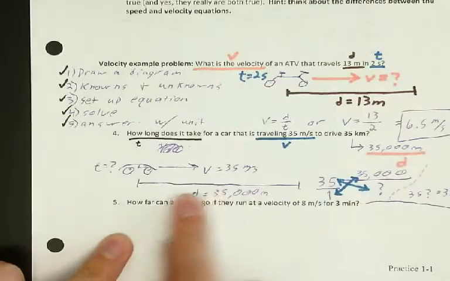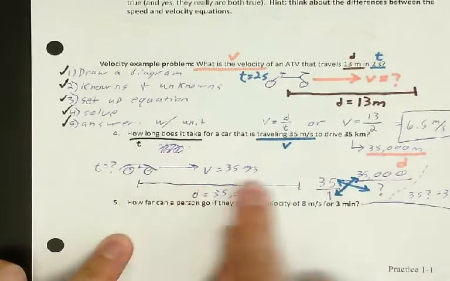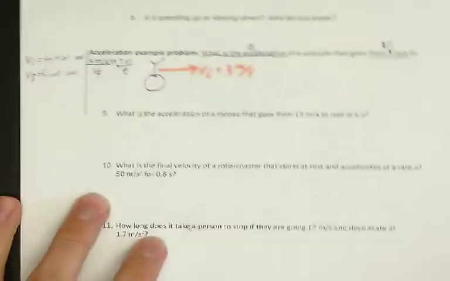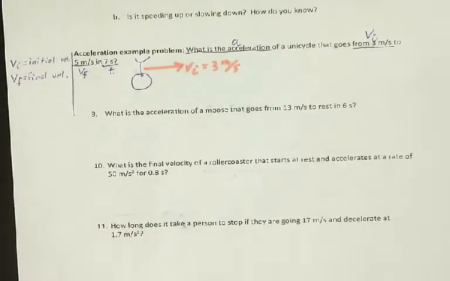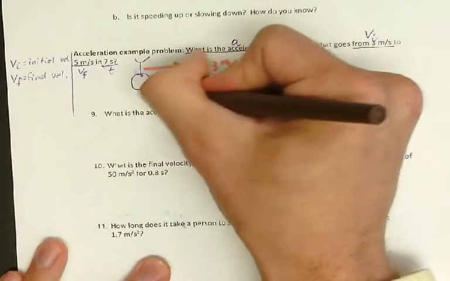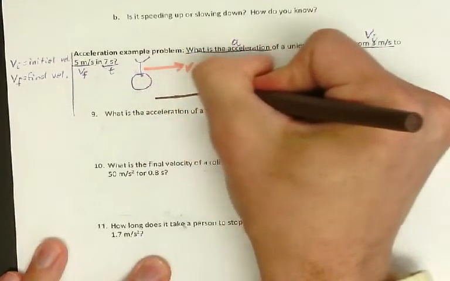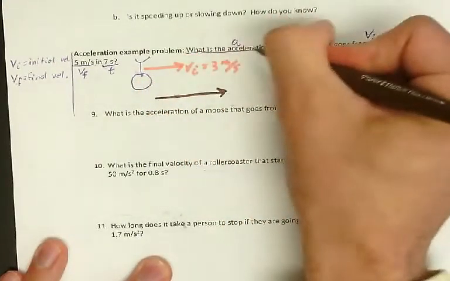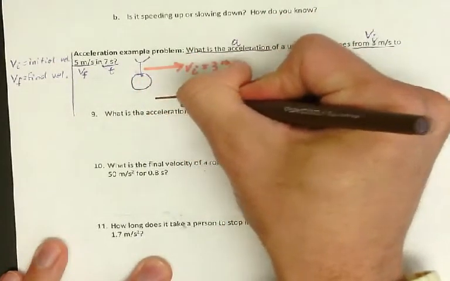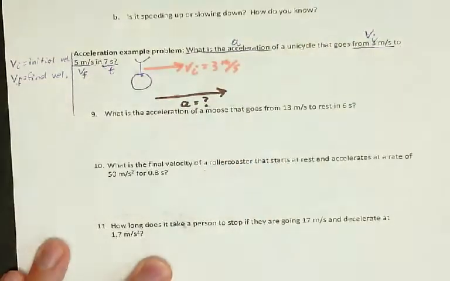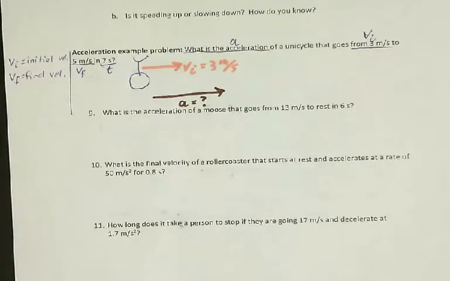Just like I drew distance as a line underneath, I'm going to do the same thing with acceleration, but acceleration has a direction, so I'm going to make it an arrow underneath. So A equals question mark. Time, I just write off to the side like I've been doing.